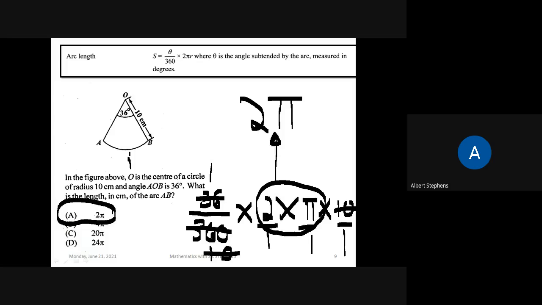So the answer there is A. Any questions? Let's move on.